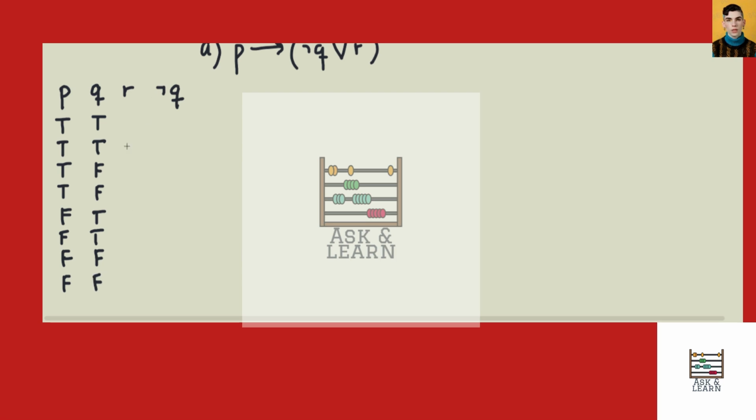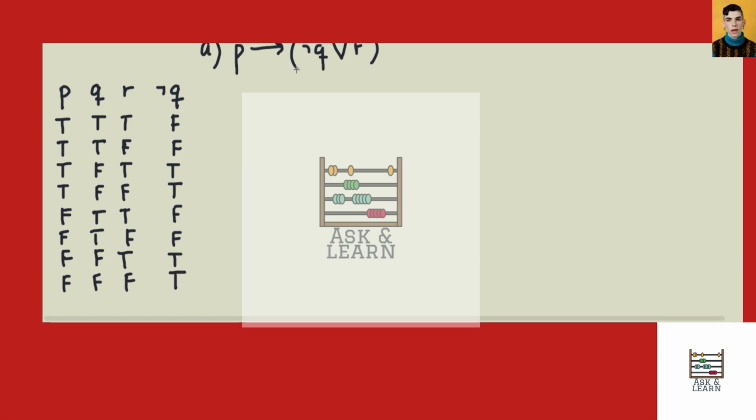And for R we have alternating, so it's true, false, true, false, true, false, true, false. And we know that the negation of Q truth values are the opposite of the Q truth values. So here we have true, true, so that's false, false. Then we have true, true. Then we have false, false, true, true.